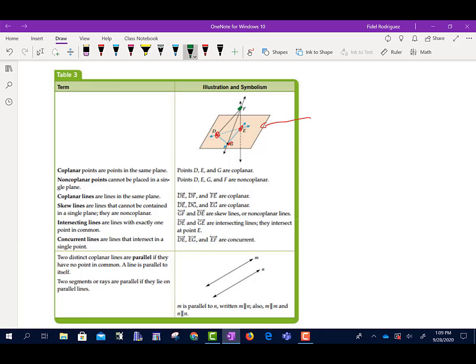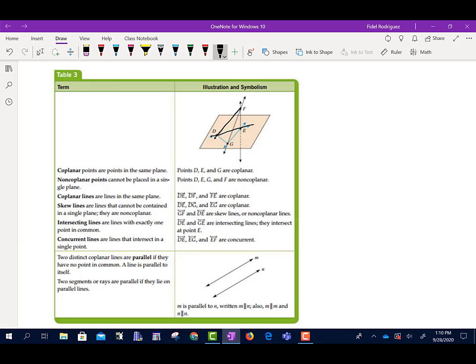Let's see. Coplanar lines are lines that are in the same plane. So let me just clean up some of this mess here so we can figure out what that is. Okay, line DE. So here's line DE. Line DF. Let's see, line DF. Up there.